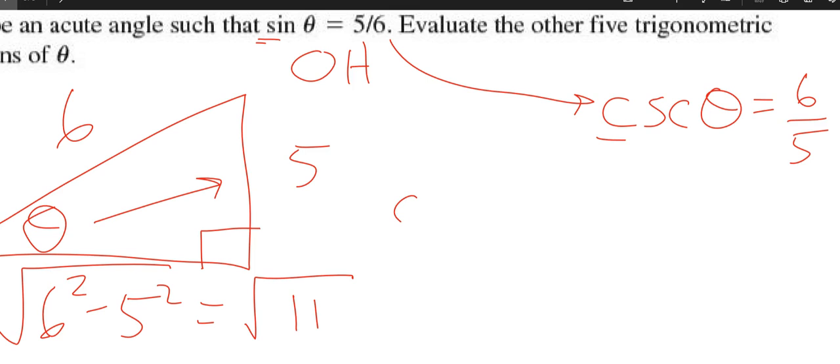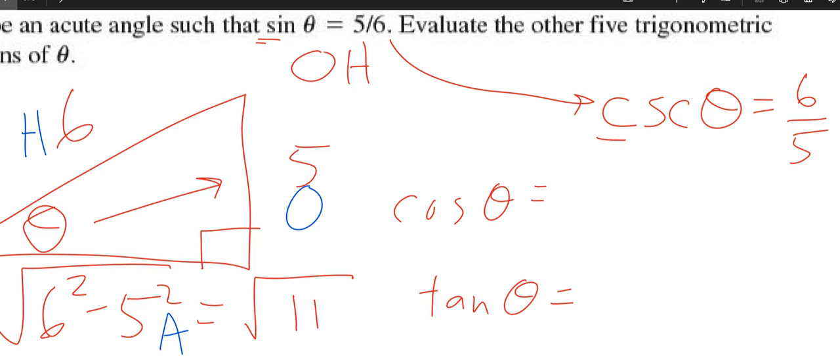Okay, so now we need the cosine of theta and the tangent of theta. What's the cosine? Let's see if I can switch colors here. This would be your adjacent side, this would be your opposite side, this would be your hypotenuse.